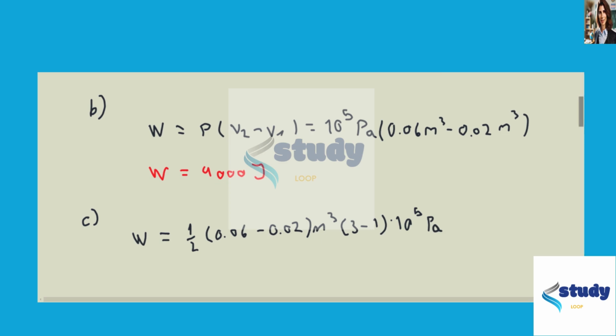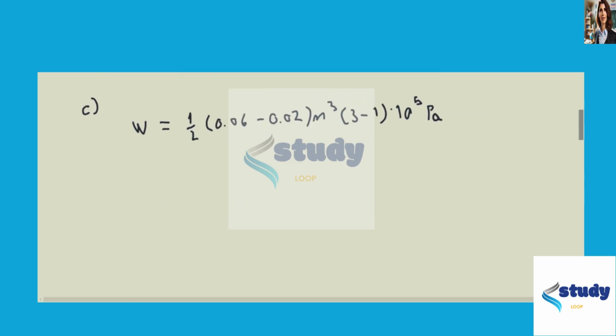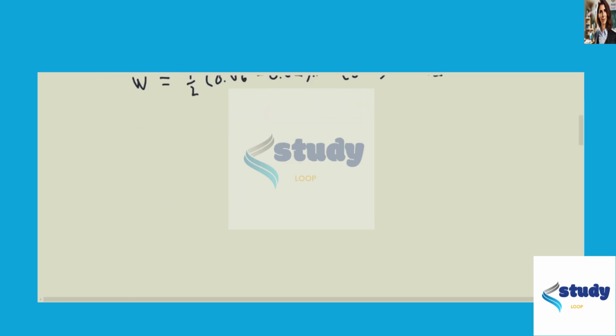Now for the rectangular part of the area under the line on the PV diagram, this is going to be plus 0.06 minus 0.02 meters cubed, and simply times 10 to the 5th power pascals.